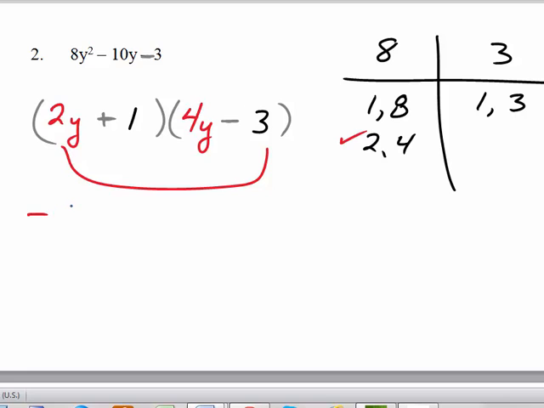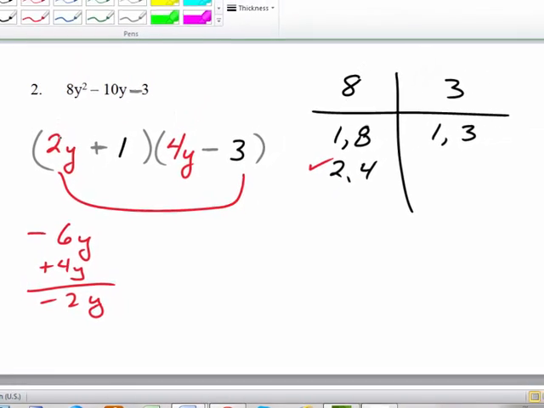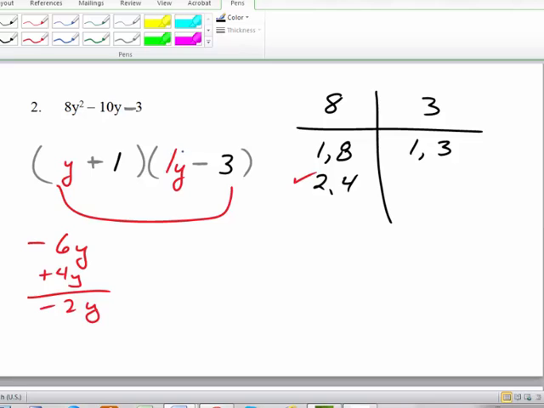Outer, negative 6y, and I want to emphasize the negative number is important to remember here. And then we have a positive 4y. That gets us negative 2y. That didn't work. It's not even a positive 2y, and so I know that 2, 4 in that order doesn't work. So instead, let's try reversing those two numbers, and instead of using 2, 4, let's use 4, 2.